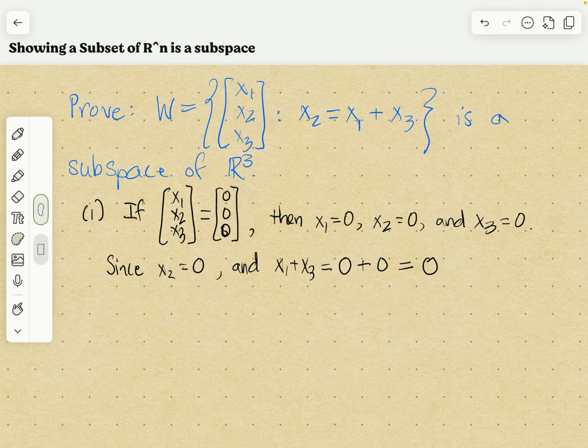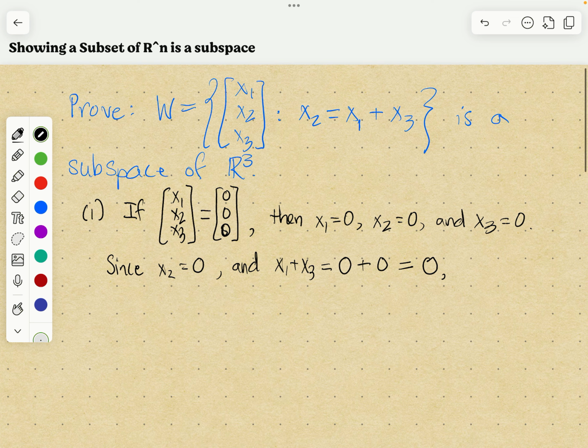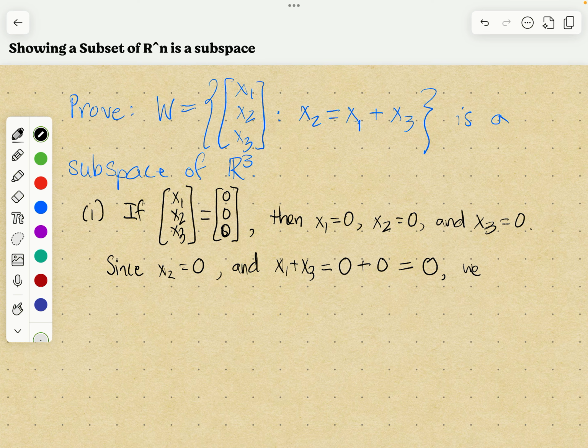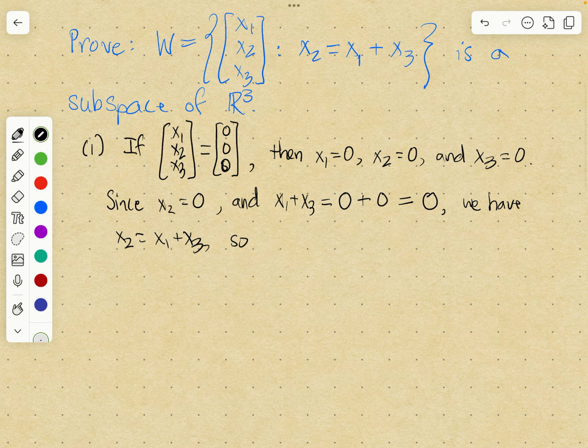So x2 is 0, and x1 plus x3 is also 0. Since they're the same, we have x2 equals x1 plus x3, which implies that this vector, 0, 0, 0, is in fact in the set W. So that shows that the zero vector in R3, which is 0, 0, 0, is an element of W.